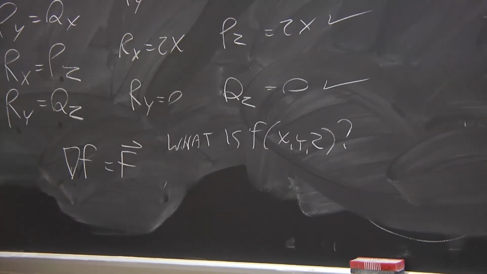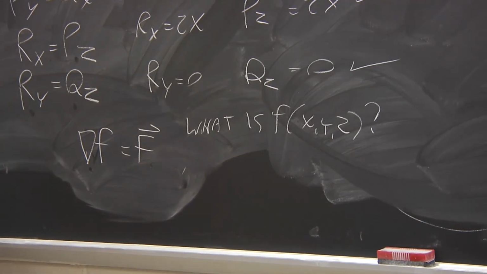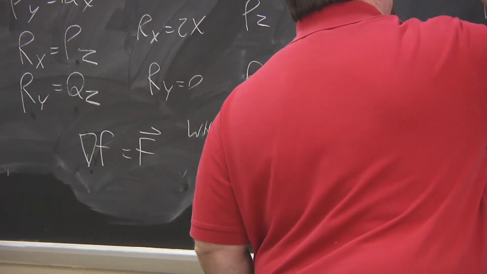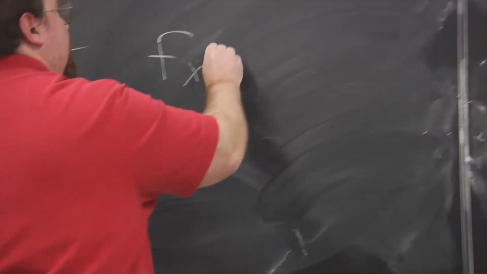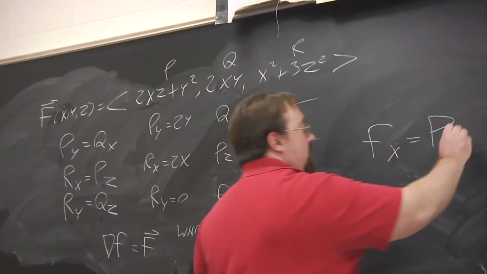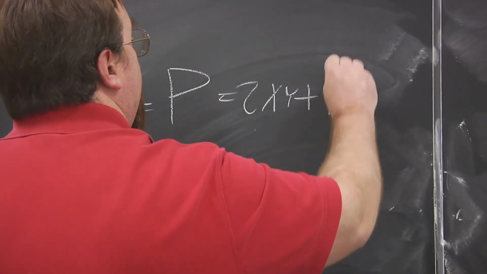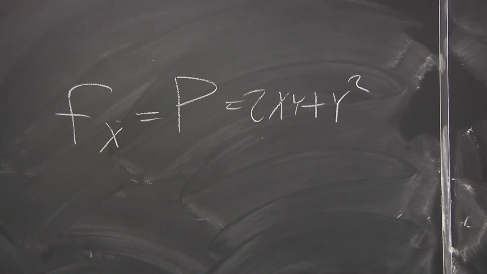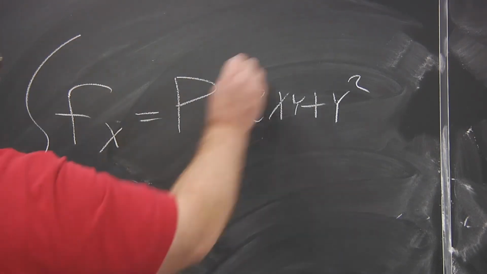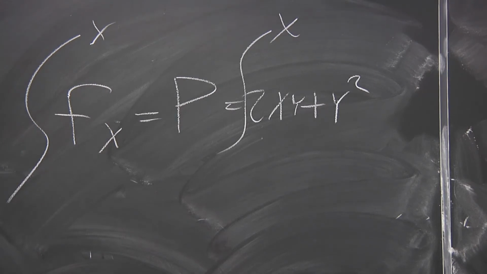Well, for that we're going to use the fact that the gradient of little f is big F. So we know that fx is equal to P, which is 2xz plus y squared. So now what we'll do is undo this. We're going to integrate both sides of this equation, anti-differentiate both sides with respect to x.